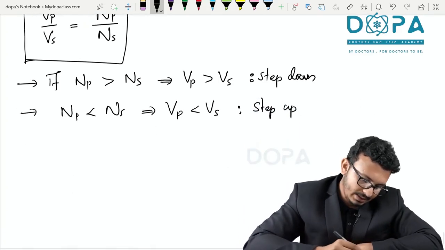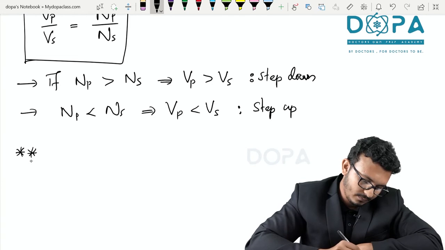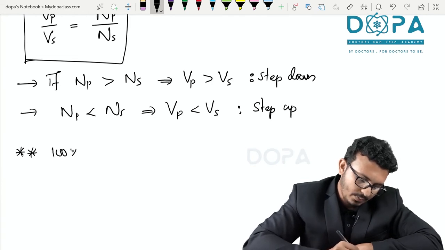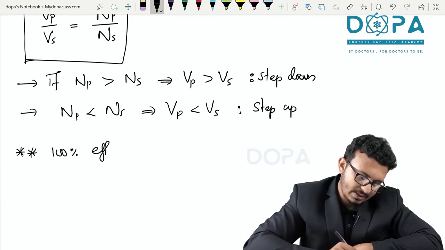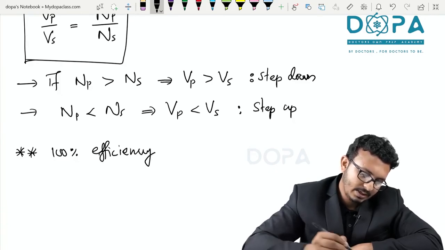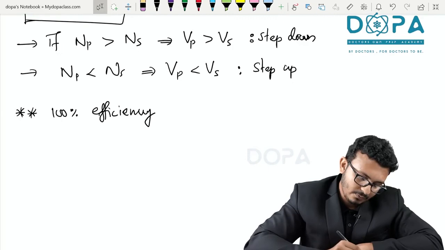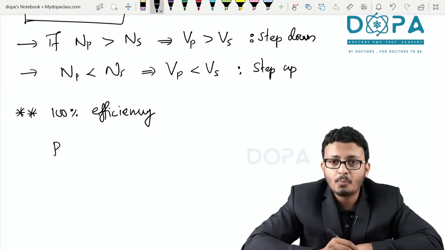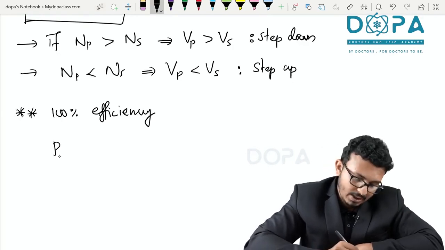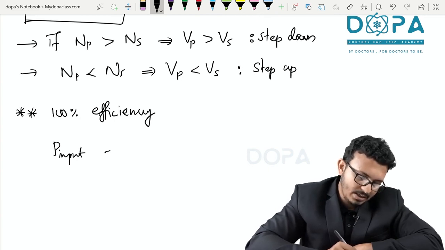Okay. Another assumption, 100% efficiency. What do we mean by efficiency? It's the ratio of power output to power input. So if it is 100% efficient, power input must be equal to power output.